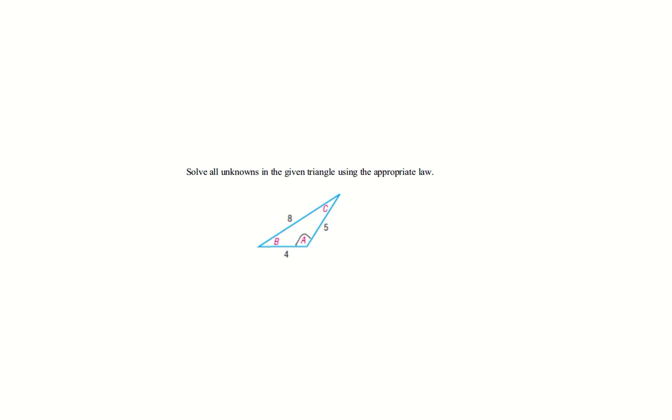So the formula for the cosine rule is as follows: a squared is equal to b squared plus c squared minus 2bc cos the angle A. So I'm going to put in the values that are given.